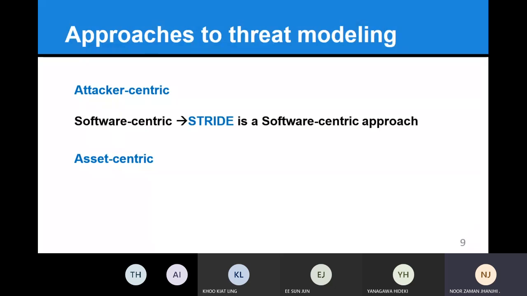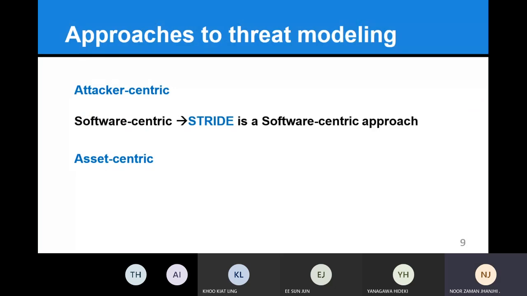The third approach for threat modeling is asset-centric. You remember we were discussing what the assets are. The job is given to us, and this is our problem: we want to save and secure our assets. In that case, we will not be focusing on the software-centric approach; we are looking at what the owner, the company, or the organization is demanding from us.